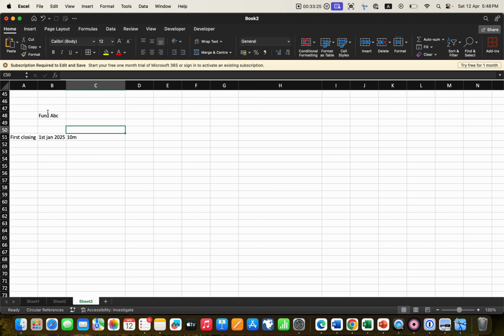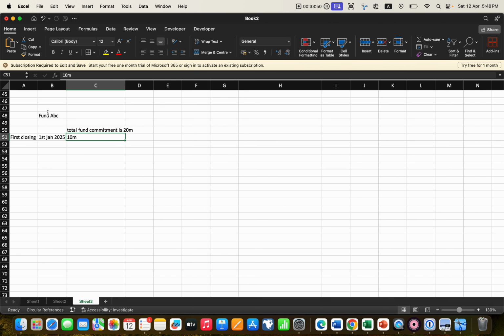The total commitment is 20 million. This means the fund needs a total commitment of 20 million, but they raised only 10 million in the first closing. Total fund commitment is 20 million.